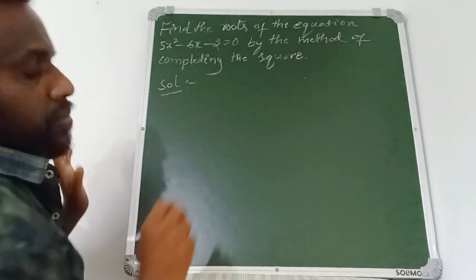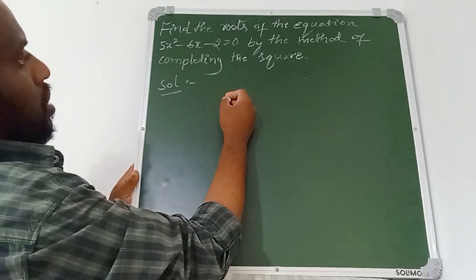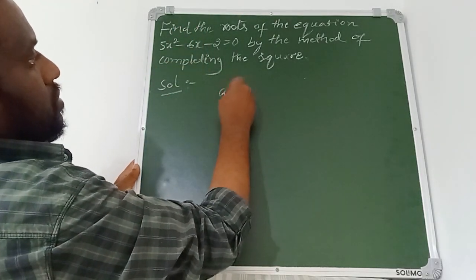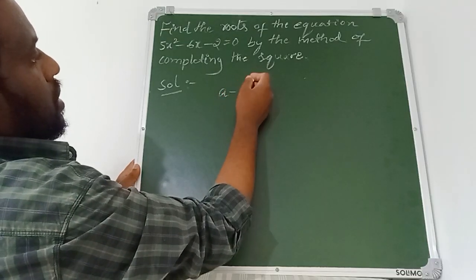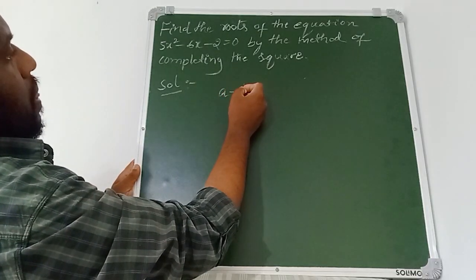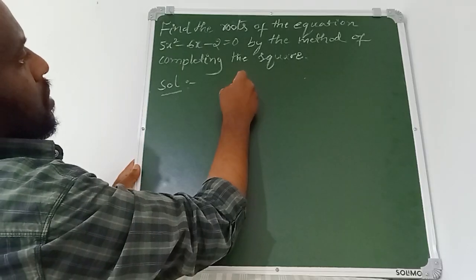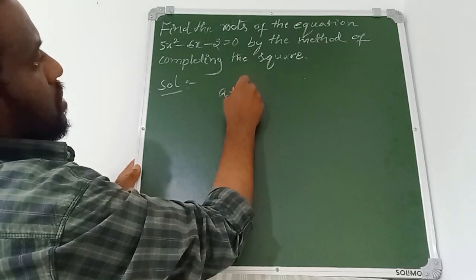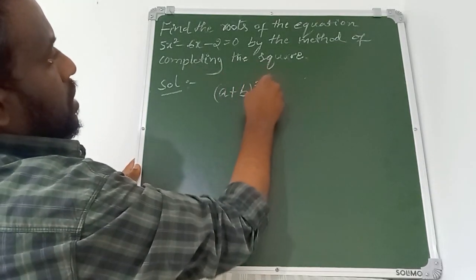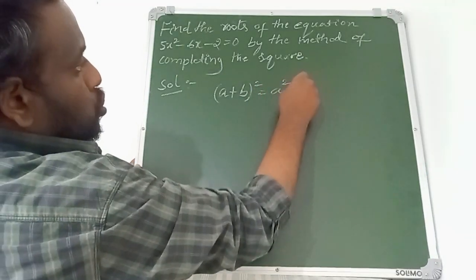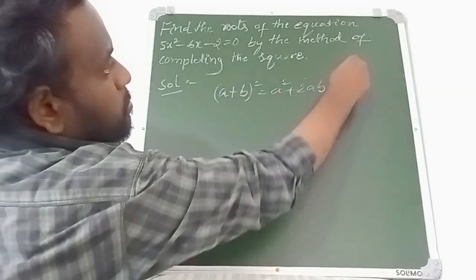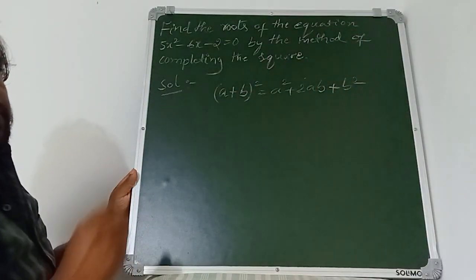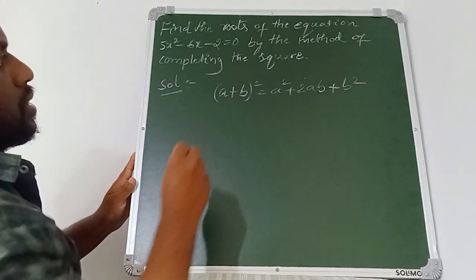First, the solution. We have a formula: (a + b)² = a² + 2ab + b².